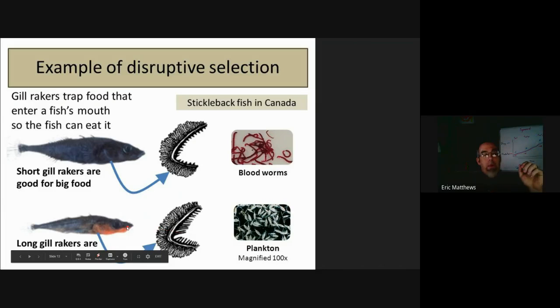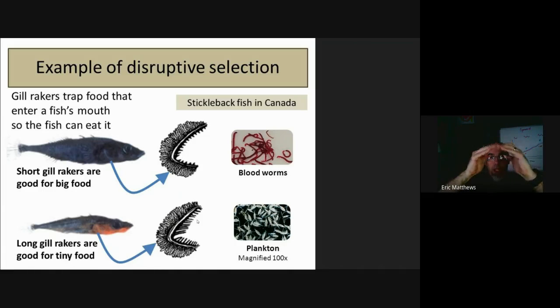And so what happened was disruptive selection eliminated the middle, the medium gill rakers, and instead both the short ones that were better at catching bloodworms and the long ones that are better at catching plankton both now had the new advantage. And so the population went from one group that mostly ate water bugs with medium gill rakers into two new groups, one with small rakers for bloodworms and one with large rakers for plankton.